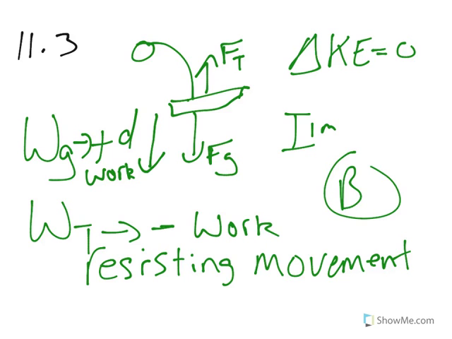All right, number 11.4. Robert pushes the box to the left at a constant speed. In doing so, Robert does positive, negative, or 0 work on the object.